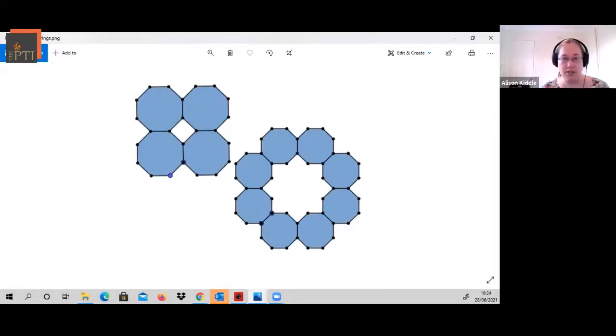And the interesting thing that I found with octagons is there's actually two different rings that you can make. So I've got this ring up in the top left, where I can put 4 octagons together to make a polygon ring, and there's a square shape in the middle. So you could take the time to prove what's going on there. But you can also fit together 8 octagons to make a polygon ring with a star shape in the middle.